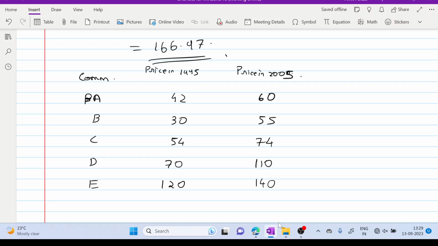So you have to find this. Use 1995 as the base year. So this is P0 and this is P1. Same thing. So find summation P0, find summation P1.